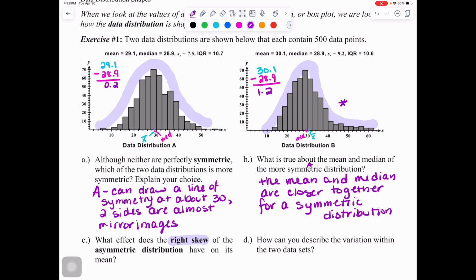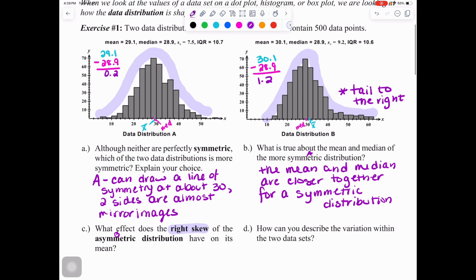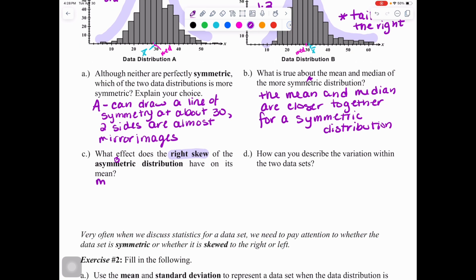Another way you might see this described is that it has a tail to the right. And it says of the asymmetric. So that means the one that's not as symmetric as the other, which is distribution B. So what effect does having that tail to the right have on its mean and the median? Well, it creates more outliers and more variation.